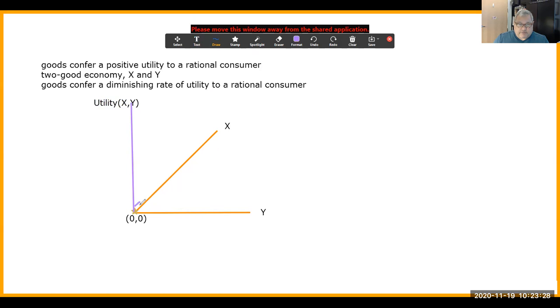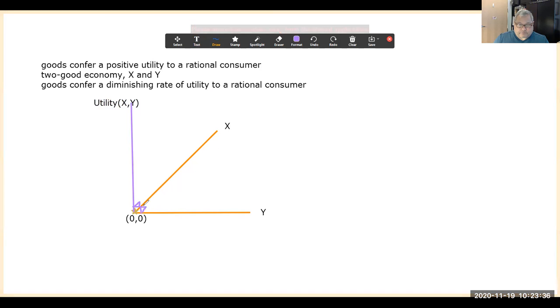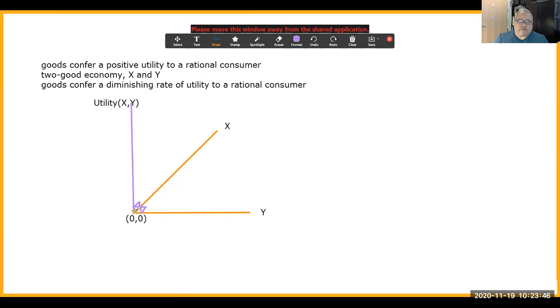This is meant to be a right angle. This is another right angle. And this is another right angle. So there's three right angles in that intersection. And the way utility increases is the more X we have.